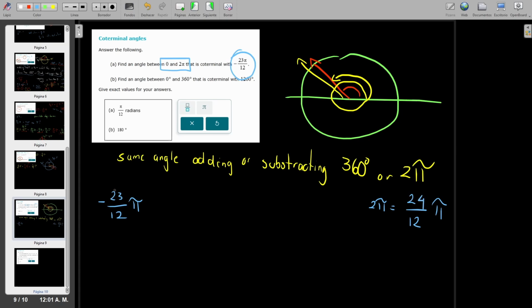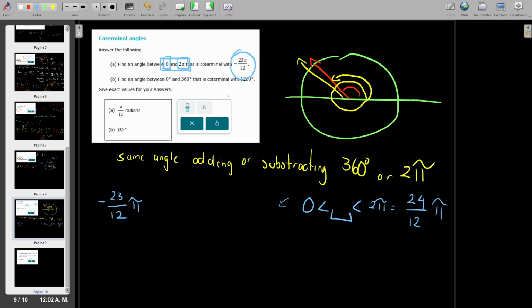Minus 23 twelfths is bigger than 0? No. We need to find an angle that is between 0 and 2 pi, right? So it is not bigger, it is negative, it is smaller than 0.